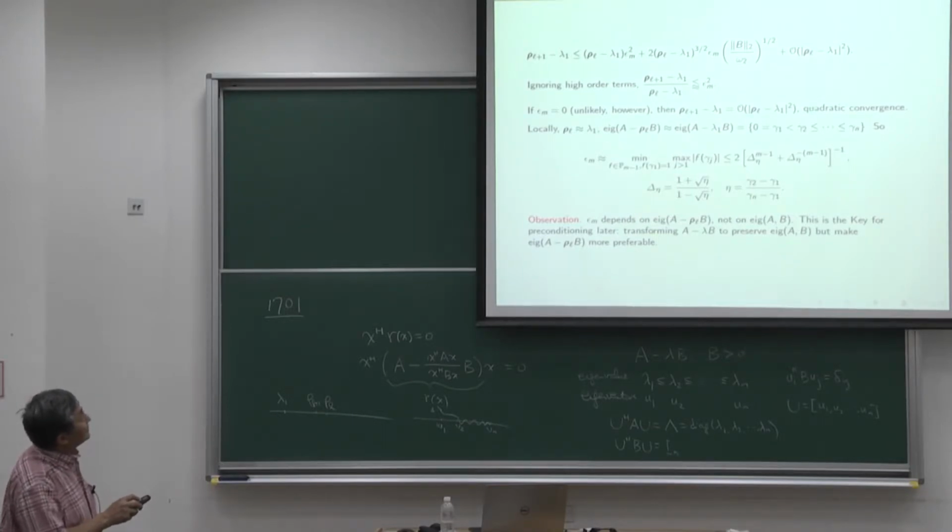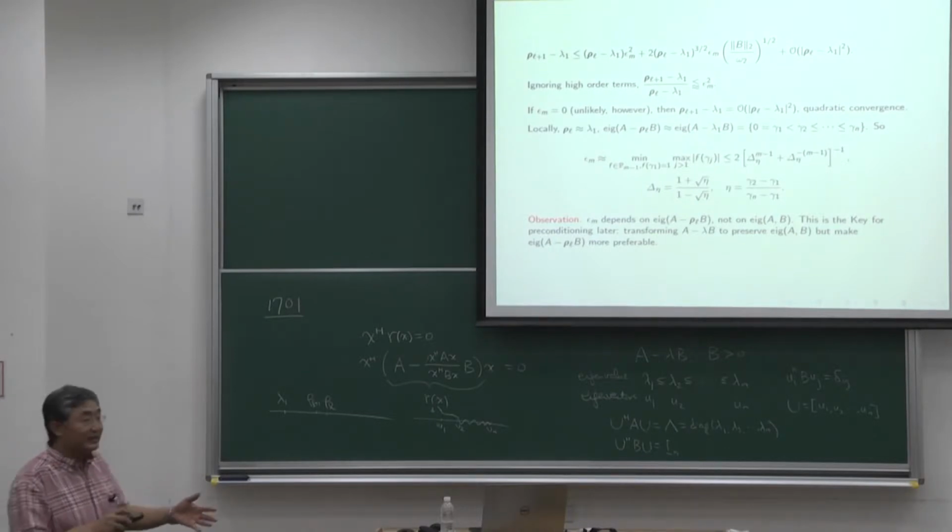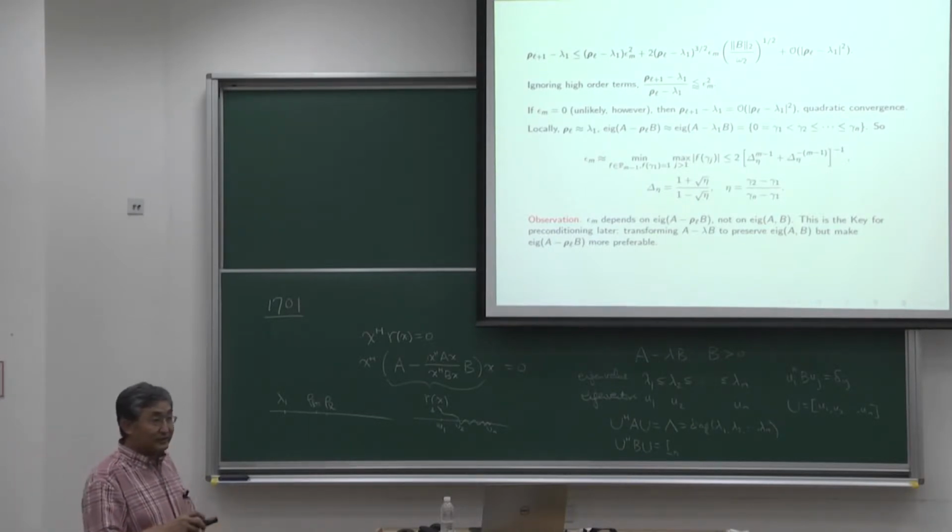Then let's look at it symbolically, asymptotically. When rho_L is almost lambda 1, A minus rho_L B looks just about like A minus lambda 1 B. The reason we look at that is because lambda 1 is fixed, while rho_L is dynamic, it is moving. So for A minus lambda 1 B, one eigenvalue is 0 and the rest are not 0.